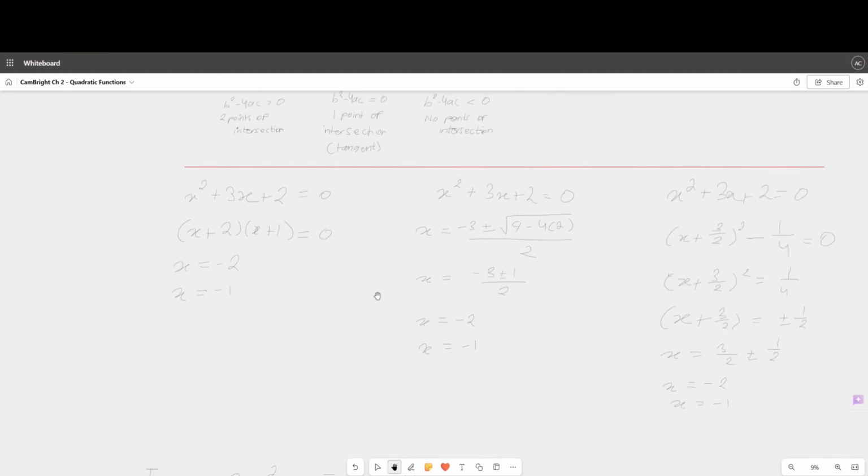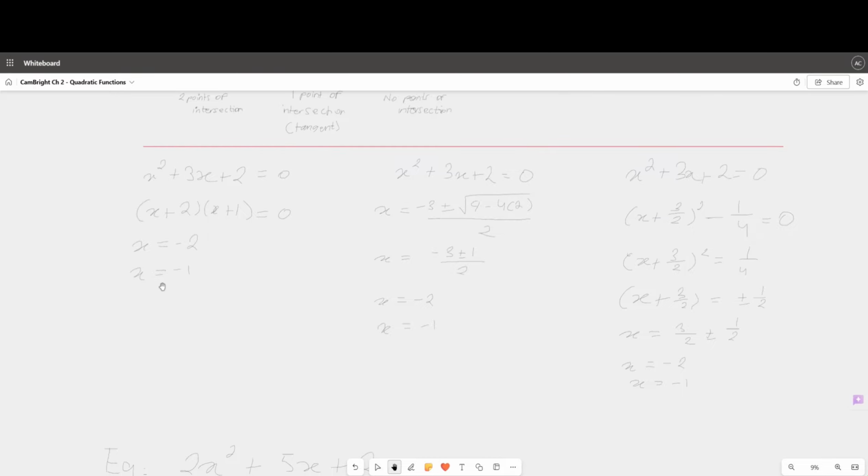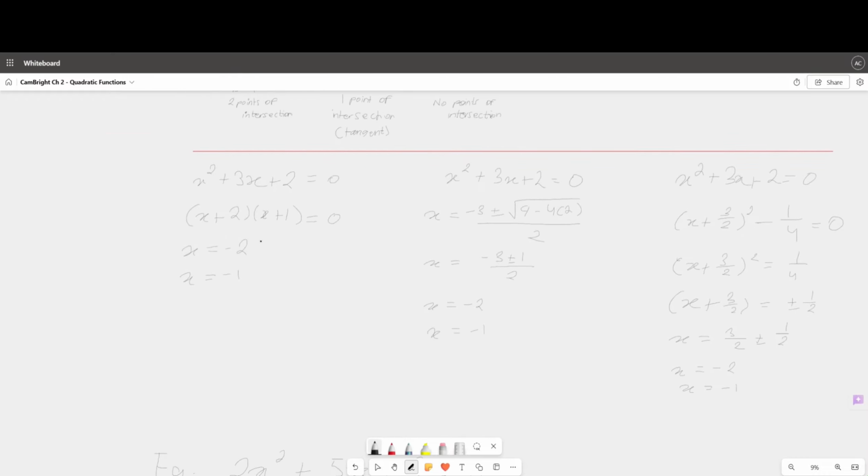Alright, now to actually solving quadratic equations, there are three methods. We have factoring, the quadratic formula, and then we have completing the square. So factoring is very simple. Essentially what you need to do is get two numbers, x plus a and x plus b, such that a plus b is equal to this number and a times b is equal to this number.